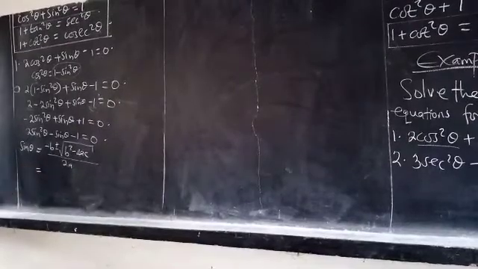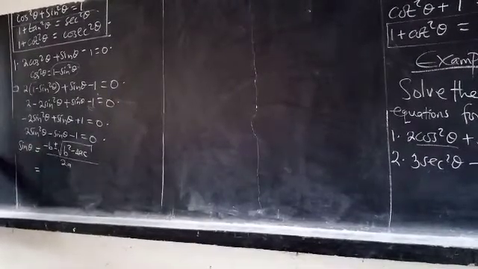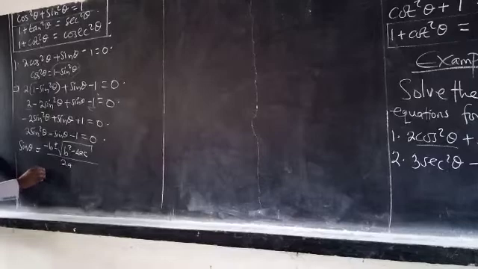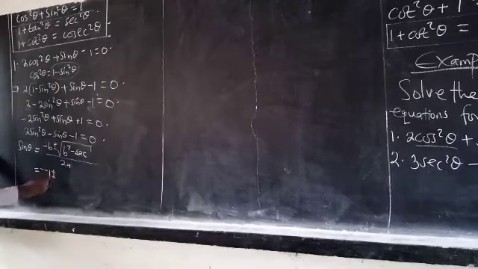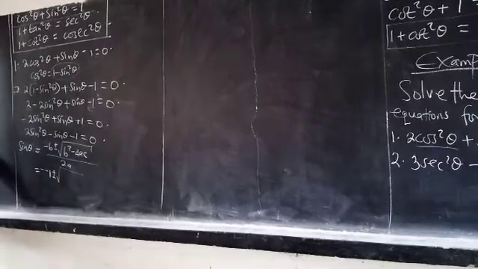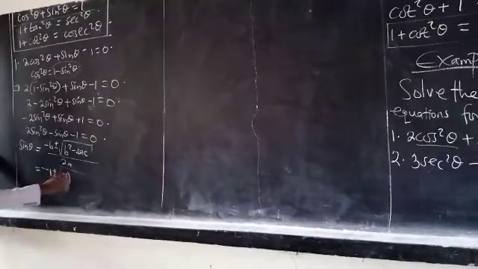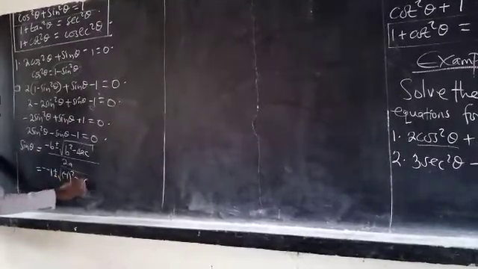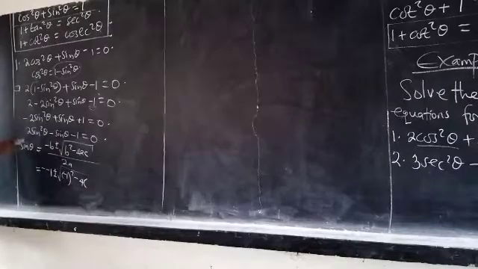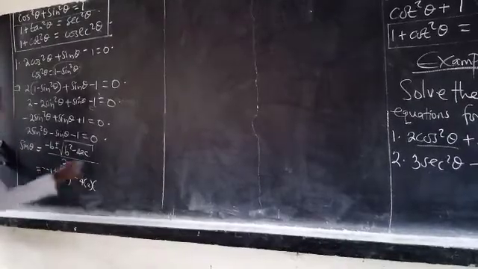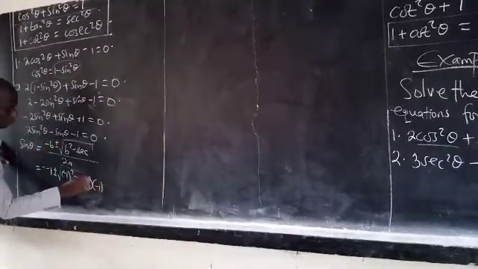And this is equal to, our b is negative 1, so minus of minus 1 plus or minus the square root of b squared, that's negative 1 squared, minus 4, our a is 2, then our c is negative 1.